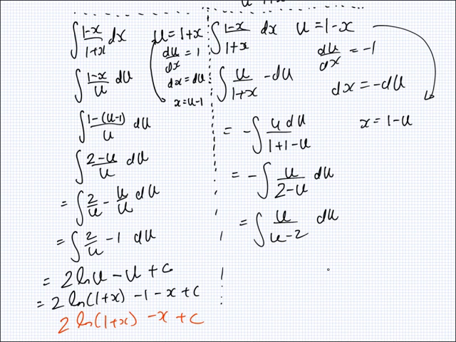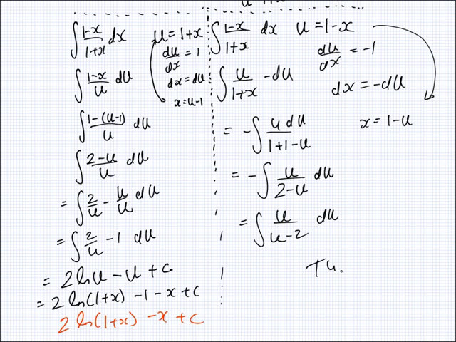The only thing you can do is another substitution. You could say let v equal... Now it'd be kind of stupid to let v equal u, because you're just literally changing the letter from u to v. You could let v equal u minus 2. But you realise that's just replacing the denominator, which is what we did at the beginning anyways. So if you continue, you're going to do what you would have done here anyways.